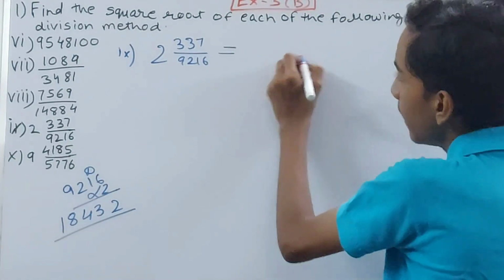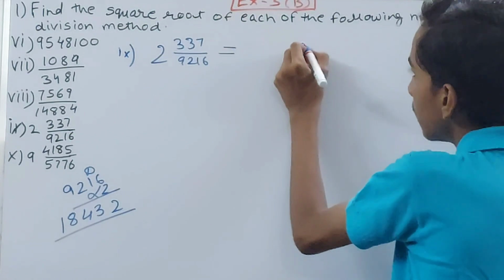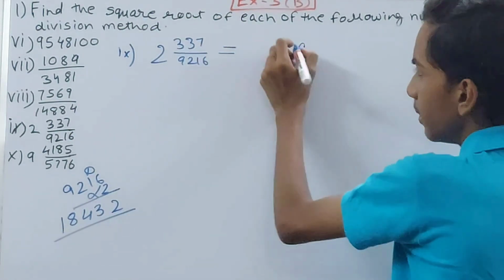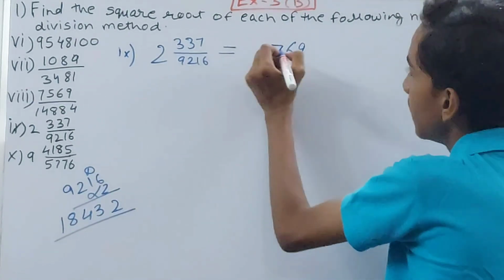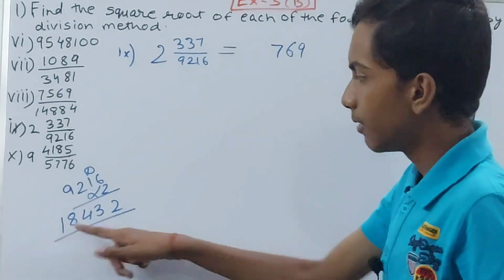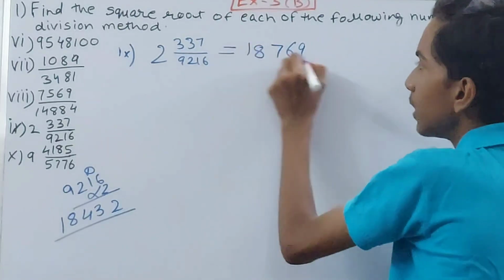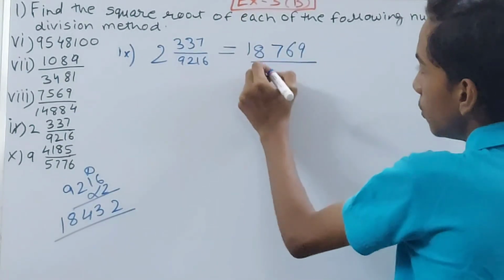Now let's add 7 and 2 becomes 9, 3 and 3 becomes 6, 3 and 4 becomes 7, and this 18 will come as it is, upon 9,216.